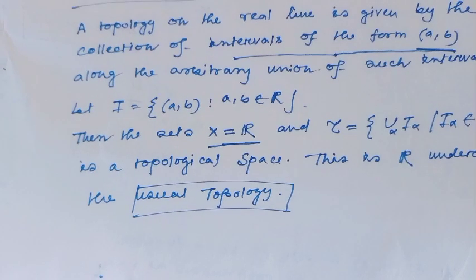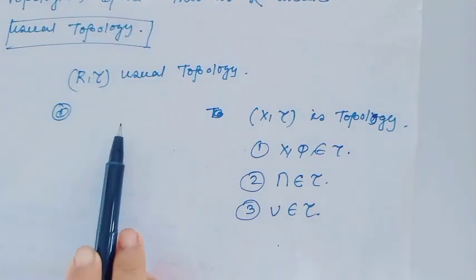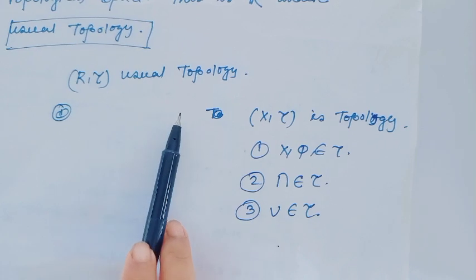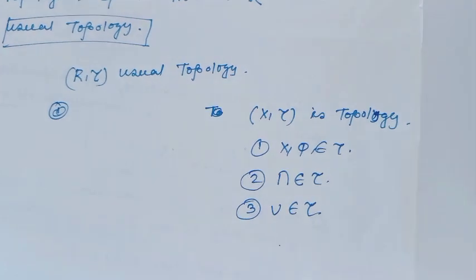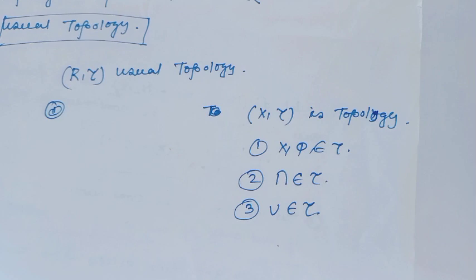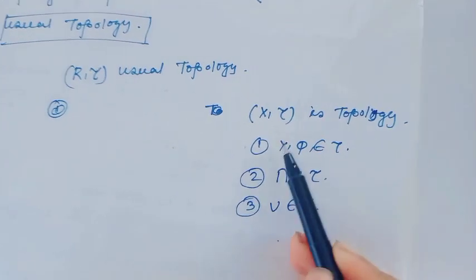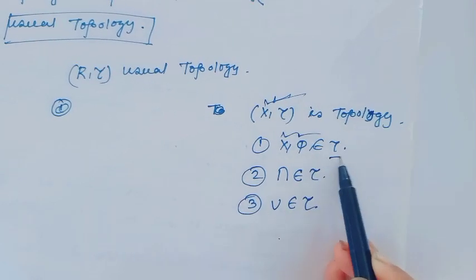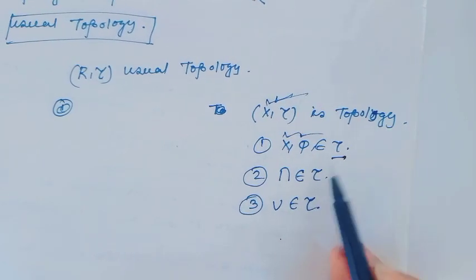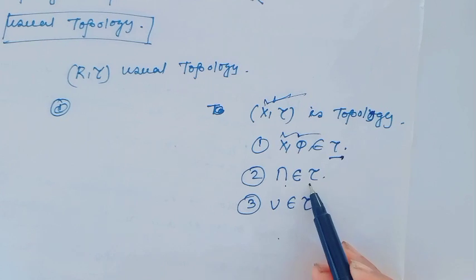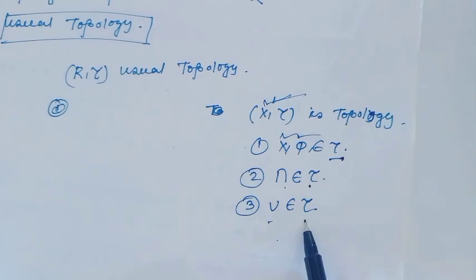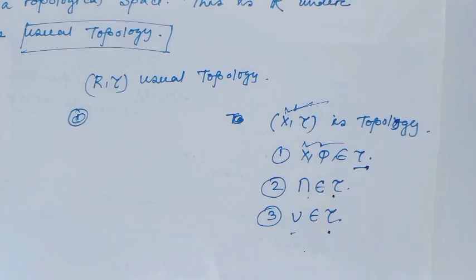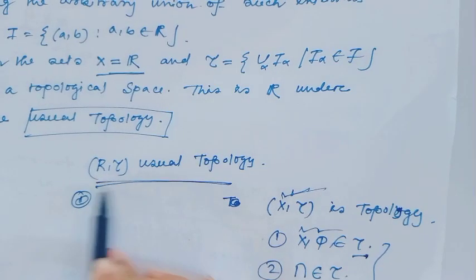And this is a topology because obviously (R, tau) is a usual topology, because topology means, we all know, if (X, tau) is a topology, then X and phi always are members of tau, intersection is a member of tau, and union is a member of tau, and all properties are satisfied in usual topology.